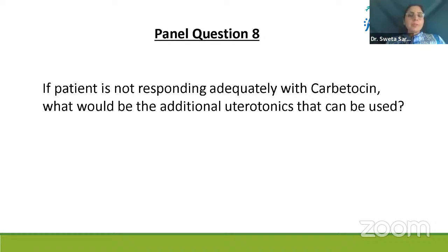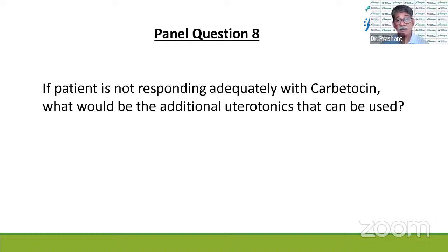Carboprost is easier to administer, because misoprostol you have to deliver rectally when you are in a hurry. But carboprost has a very short duration of action and has to be repeated. But if the patient is bleeding profusely, you need a faster acting one. Absolutely.